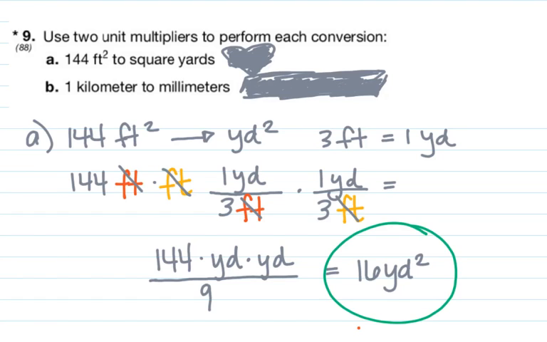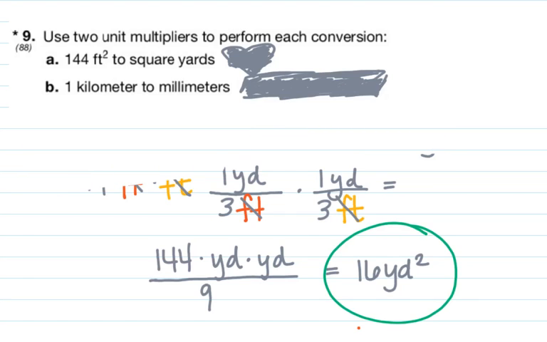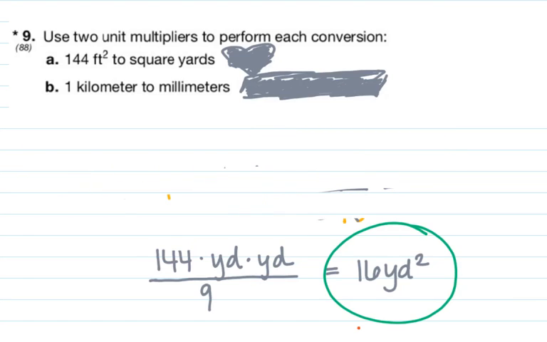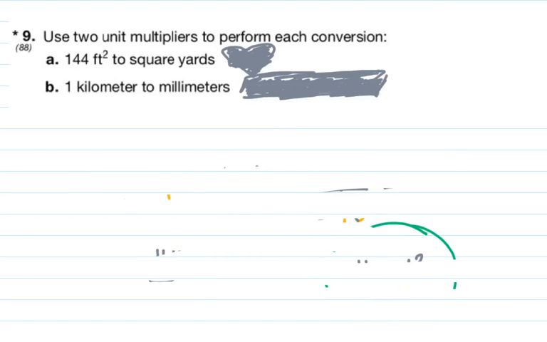Okay, so that's A. Let's look at B. Now B, we have to use 2 unit multipliers because we are going to be taking 1 kilometer to millimeters. And I can't jump from a kilometer to a millimeter. I want to stop at meters in between.